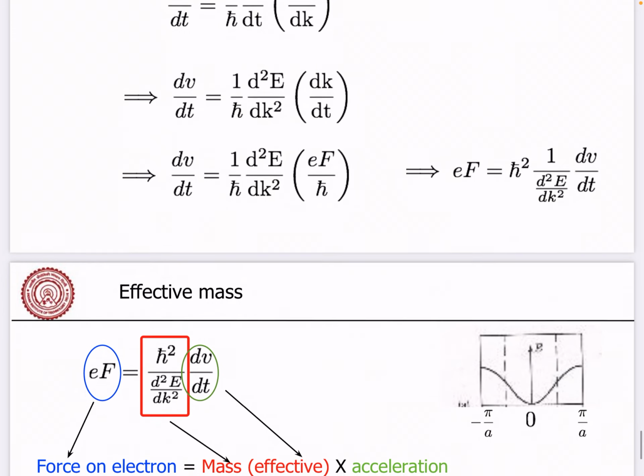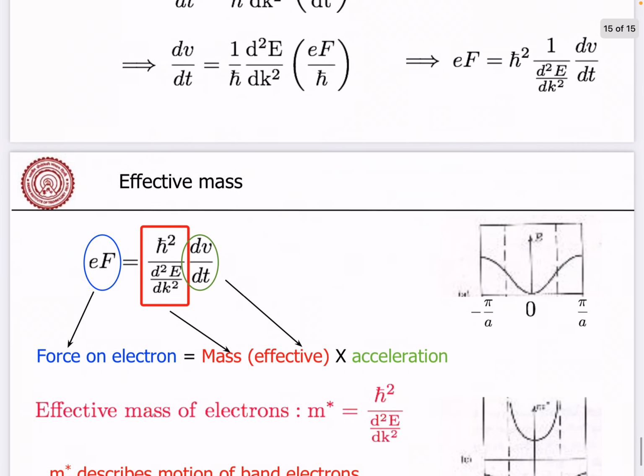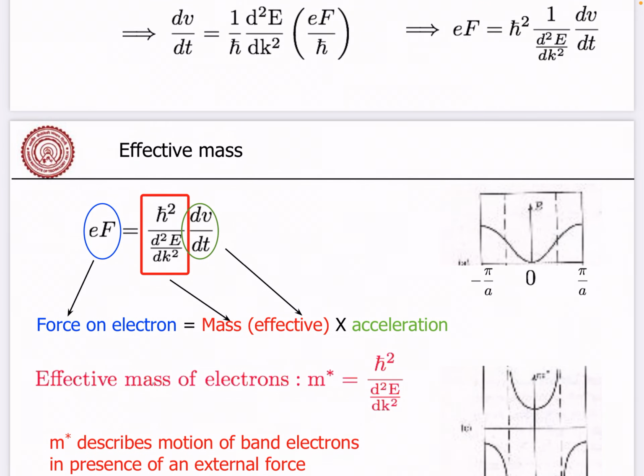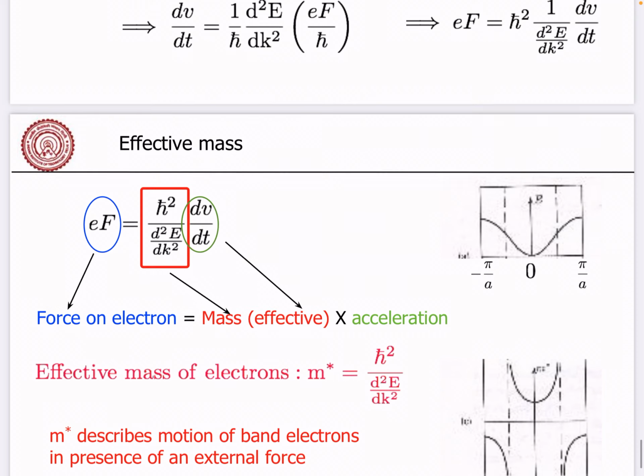Now what is this? Basically we are writing the force acting on the electron. There is this term within the red square, which depends on the energy E versus k, and then there is a dv/dt term, which is basically the acceleration term. From your classical equations, you know that force is mass times acceleration.